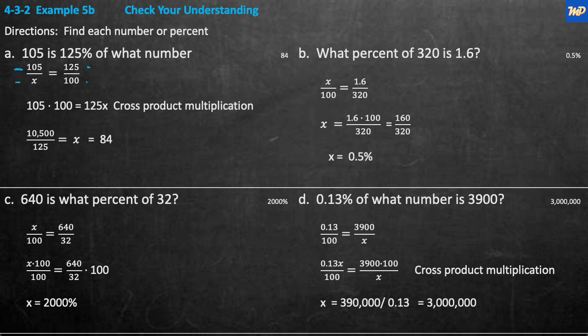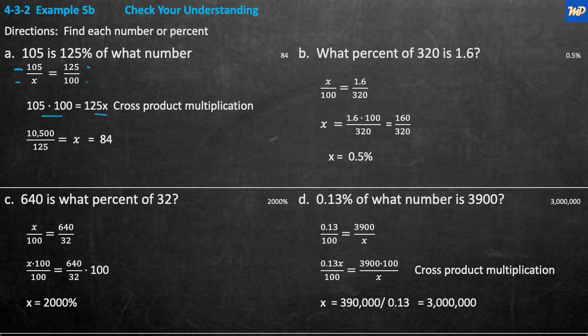Remember, this time the number 125 is larger than the 100. So now we're going to cross multiply. The x will come up here with the 125 and the 100 times the 105 over here, and then you're going to divide back by the 125. When you multiply the 100 on one side and the x on the other side, you're going to get 105 times 100 is equal to 125x. That's where you multiplied this way.